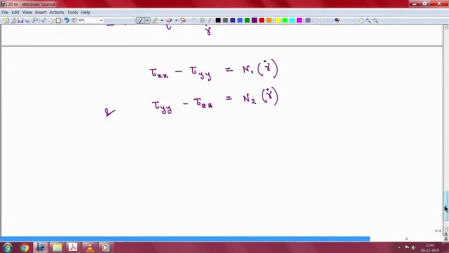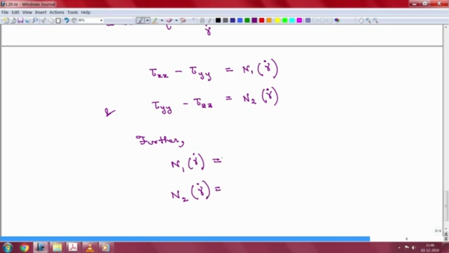Once you have made the observation that N1 and N2 must be even functions, you can write them further. N1 of gamma dot, and I will write both of these together because they are the exact same expression.